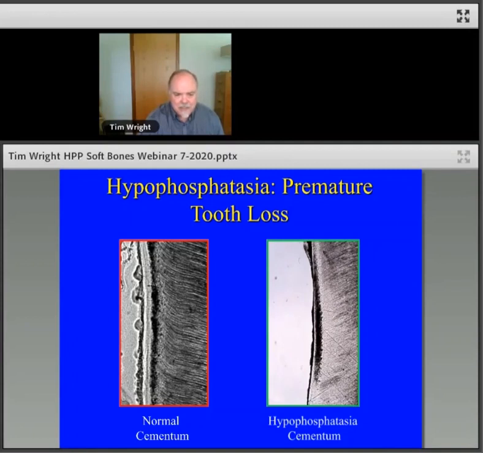This is a normal cementum layer. This is the dentin with these little tubules that run in towards the pulp. And in the hypophosphatasia teeth, in this particular section, there's almost none. There's a little bit right here, but none here. And this is abnormal mineralization in the dentin. So they frequently will have issues with that as well.